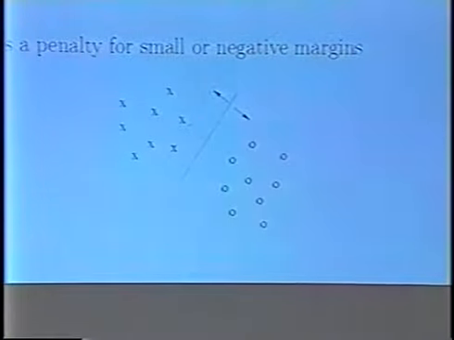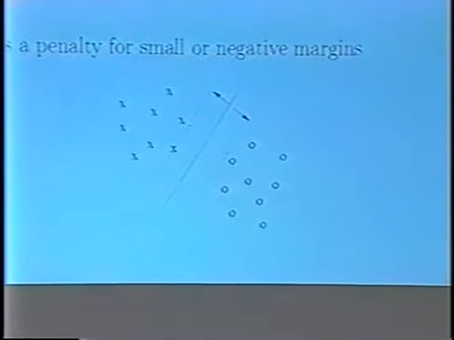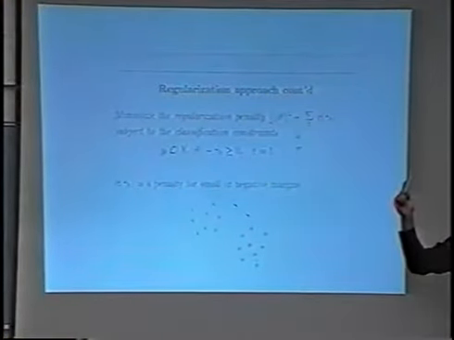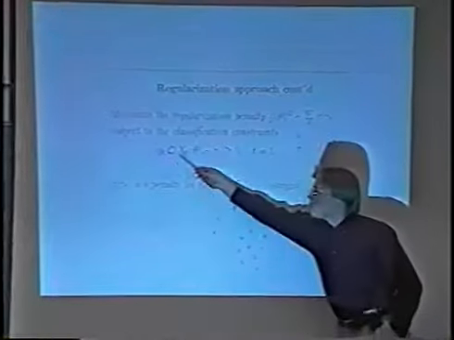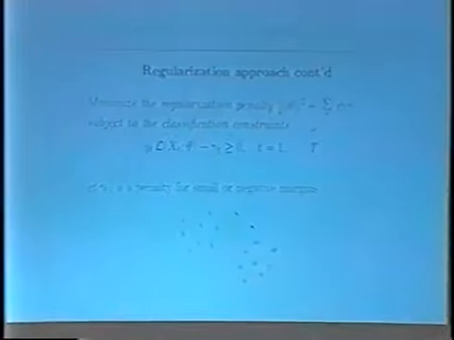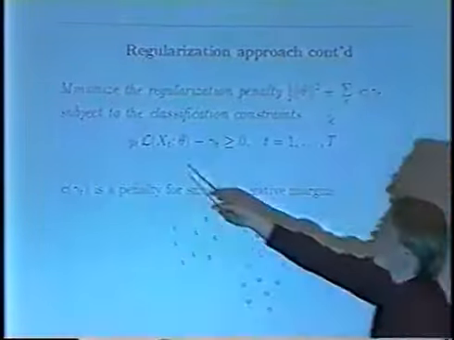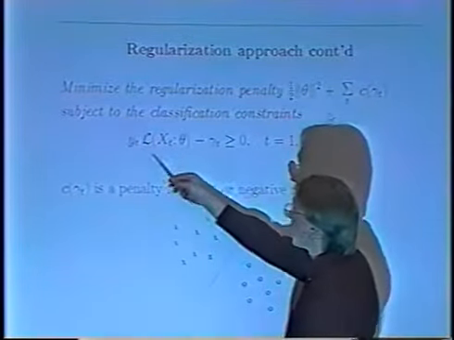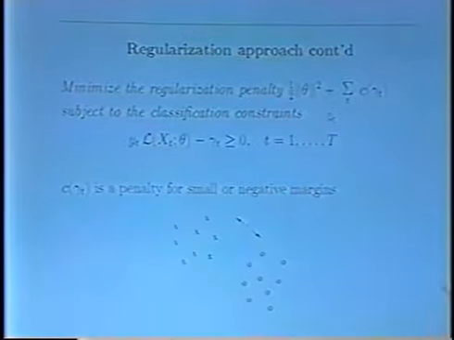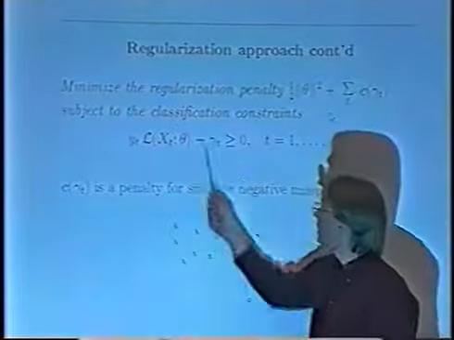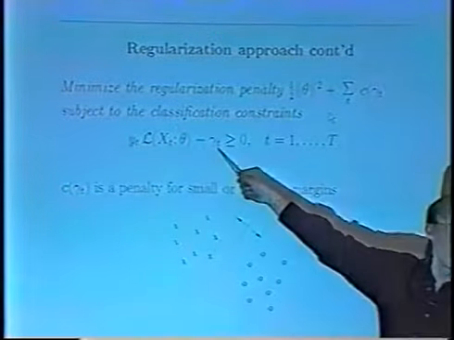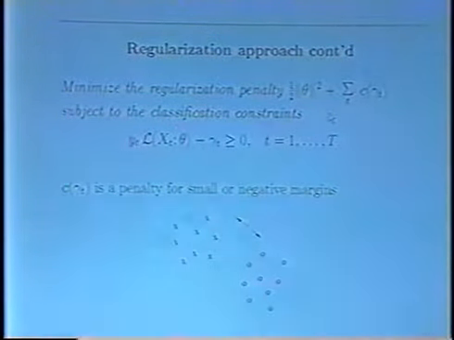Okay, so just for future reference, let's map this problem into a different form. So we have some regularization penalty that we are minimizing, subject to classifying all the training examples correctly. So when the sign of the training example is the same as the sign of the discriminant function, then this is large and positive, and we want to make it as large and positive as we can.